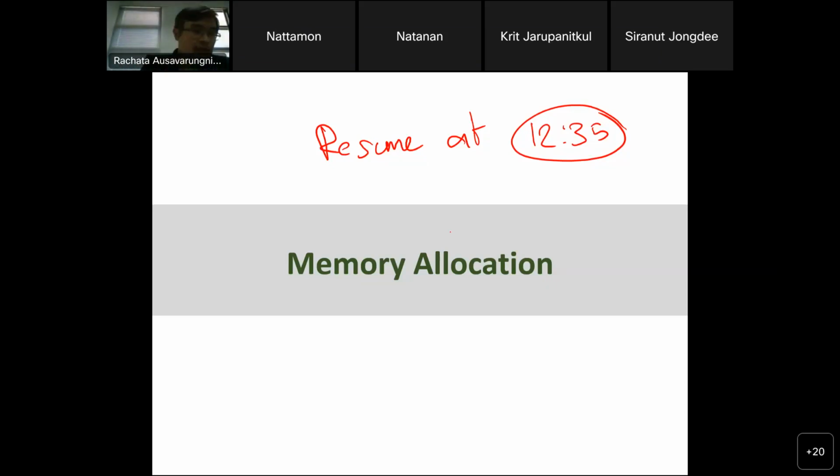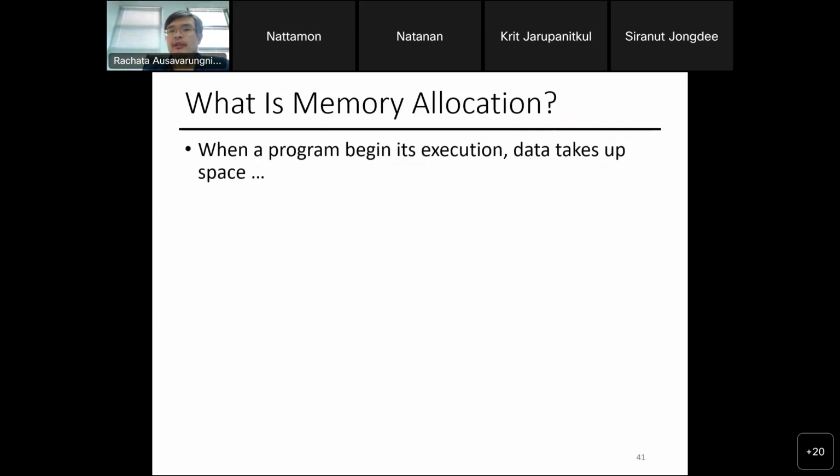Okay, so now that we're back from a longer break, we will resume and talk about the next concept. It's a follow-up to the earlier concept of pointer, which is memory allocation. Why do we need it, and what is it for? When the program begins its execution, data actually take up space, as I showed you earlier.